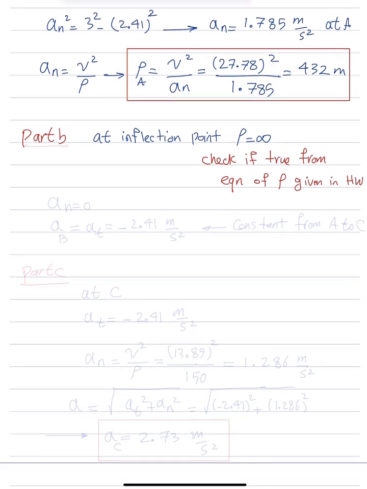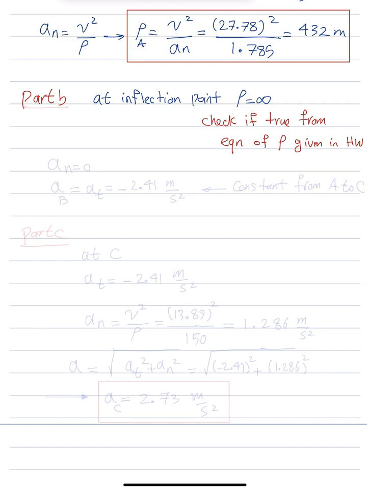So at the inflection point, it's like a flat surface. You don't have any AN. So AN is 0. That means that your total acceleration is the same as the tangential acceleration, which we know is constant, right? It's minus 2.41 meters per second squared, constant from A to C. So that was the easiest one.